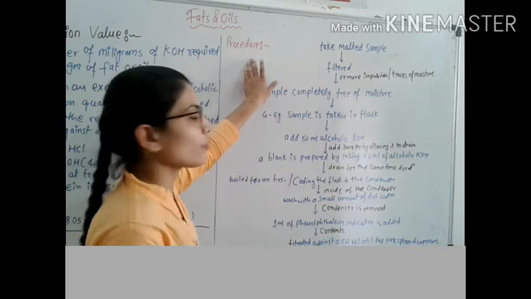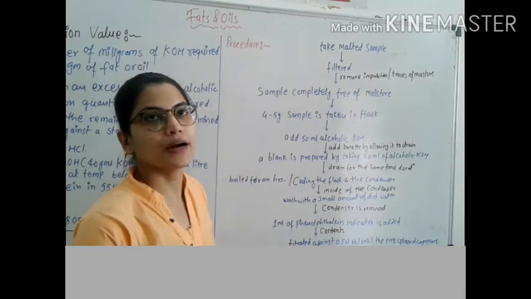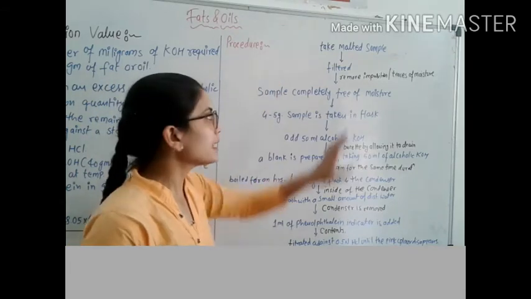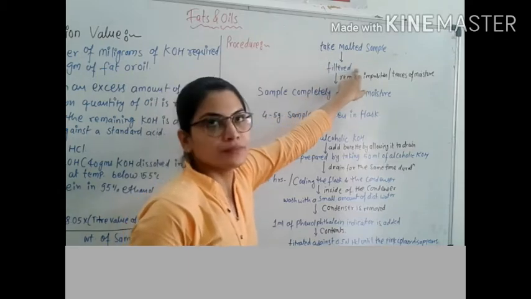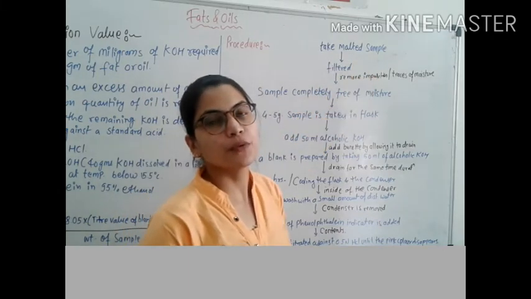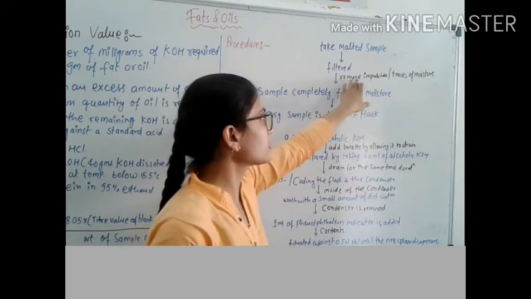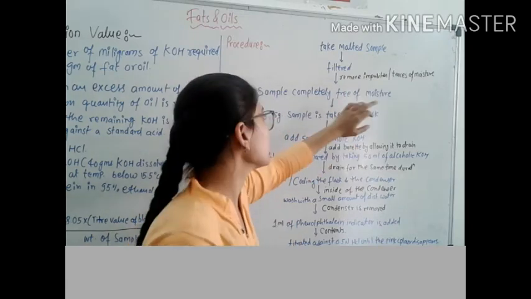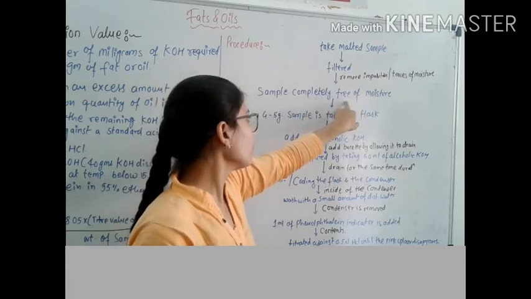The next point is procedure. If the sample is liquid or melted, it is filtered to remove impurities and traces of moisture. This makes the sample completely free of moisture.